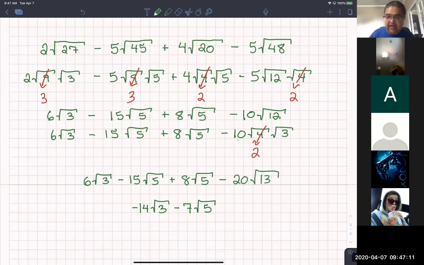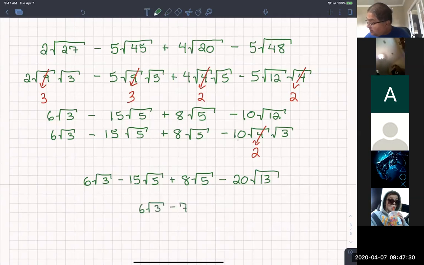Then the only thing you can combine is these, because these are the only ones that have the same square root. Then you just bring down everything else. So that would have been your answer if that was 13.